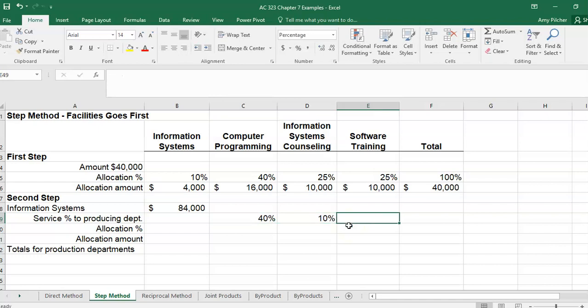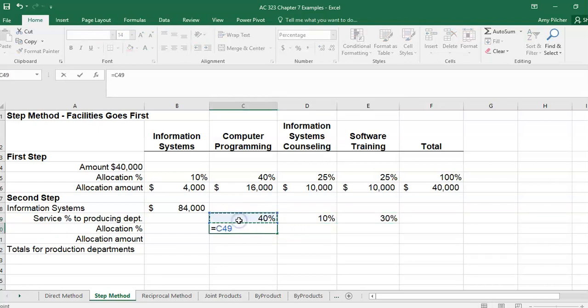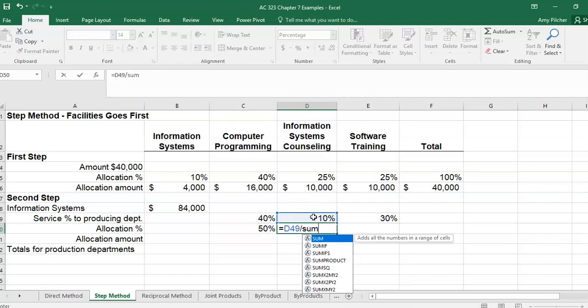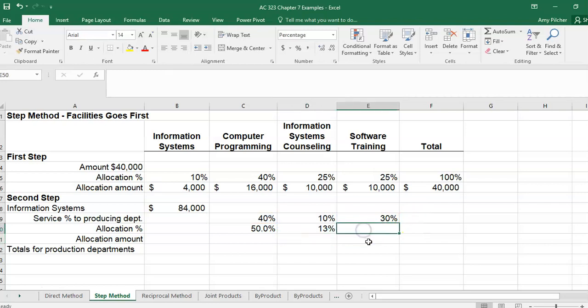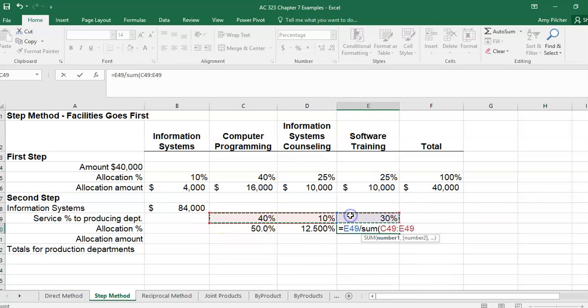Then we take 40% divided by the sum of all three, 10% divided by the sum of all three, and 30% divided by the sum of all three.